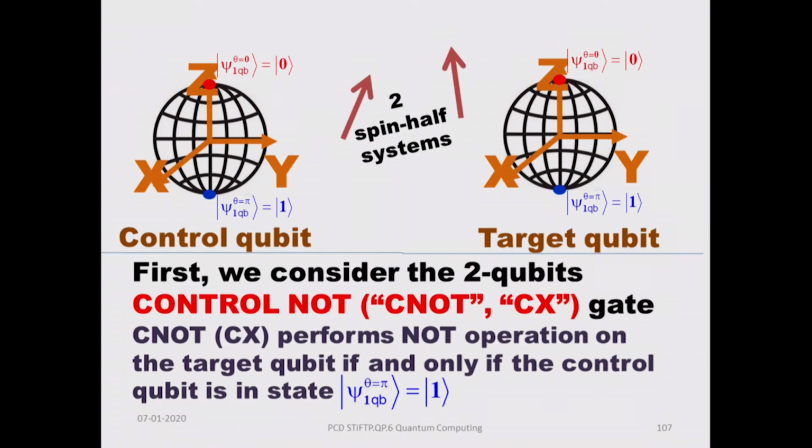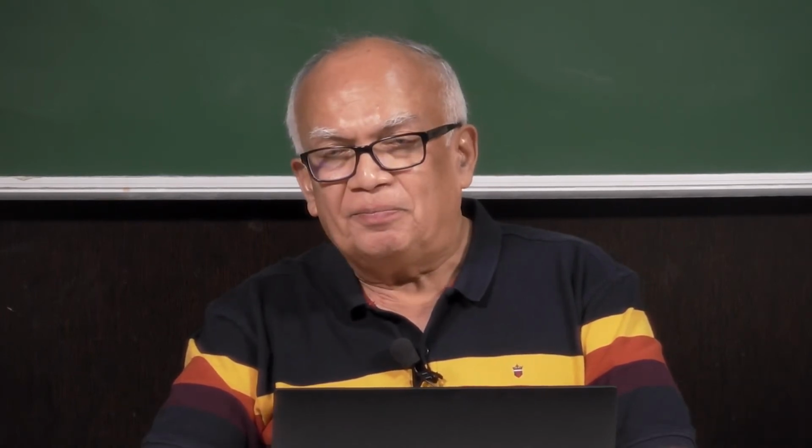And in this you use the 2 qubits, you identify one as the control qubit and the second as the target qubit. And what the controlled-NOT gate does is that it performs operations on the target qubit if and only if the control qubit is in a pure 1 state. Okay, that is the condition.